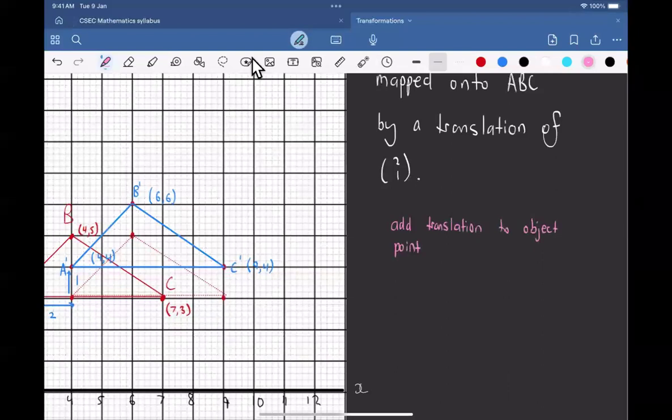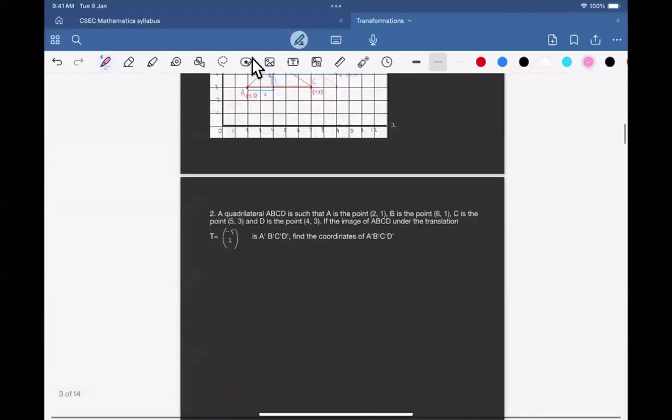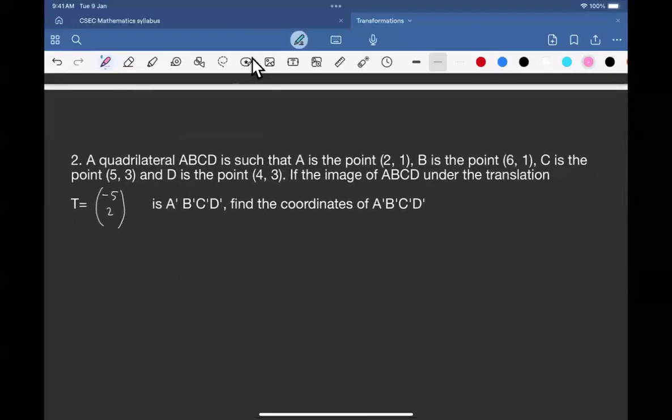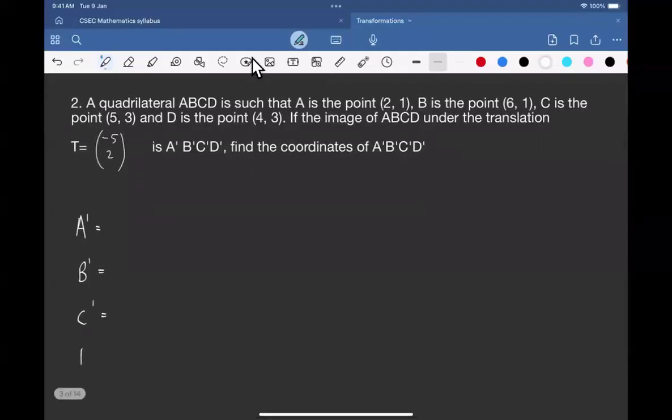So I want you all to figure out points A prime, B prime, C prime, and D prime for me. You could draw the diagram, but if you could do it without drawing the diagram, that'd be better, because it's saving time. Plenty time.